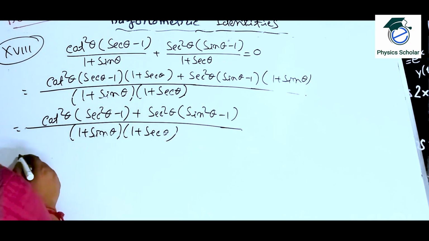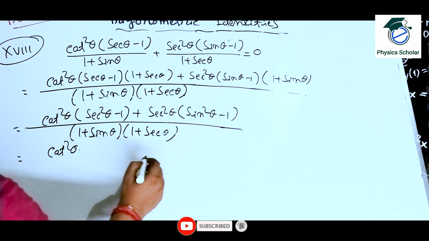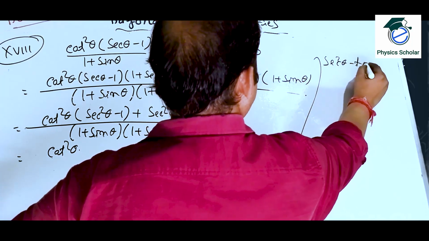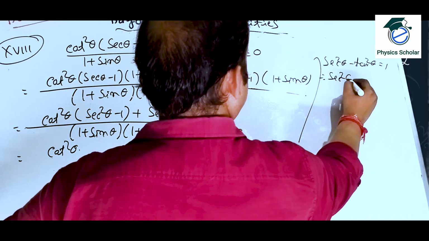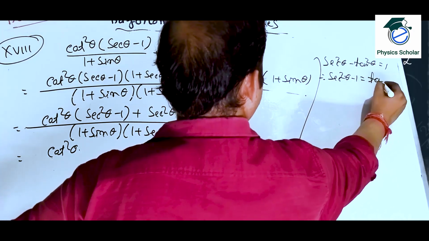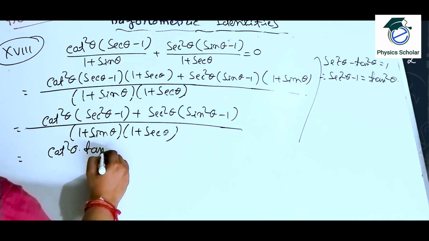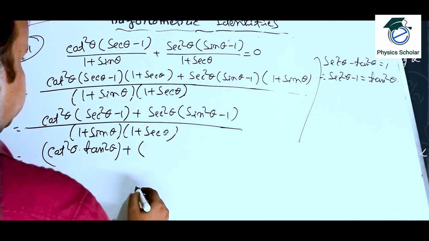Okay. So now cot square theta into sec square theta minus 1 means what? What do we know? Sec square theta minus tan square theta is equal to 1. Therefore, sec square theta minus 1 is equal to tan square theta. So here we can write tan square theta. Clear? Plus.